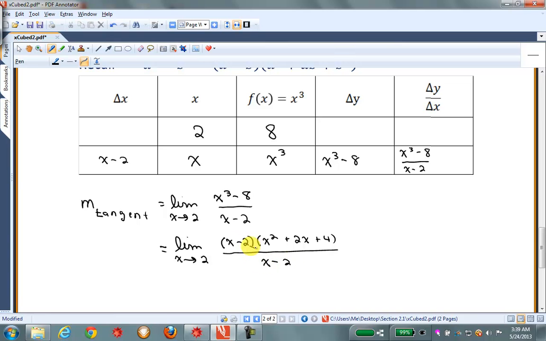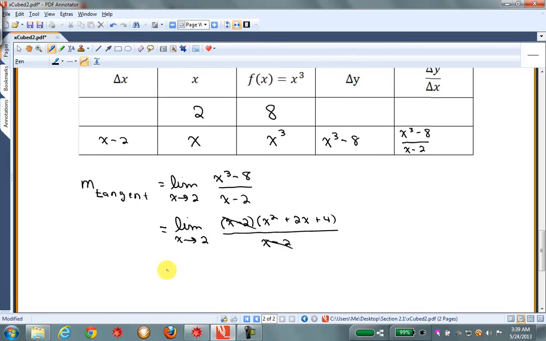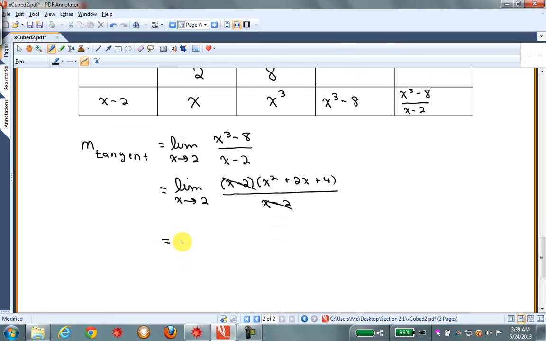Of course, the x minus 2's cancel, so we're simply left with the limit as x approaches 2 of x squared plus 2x plus 4.